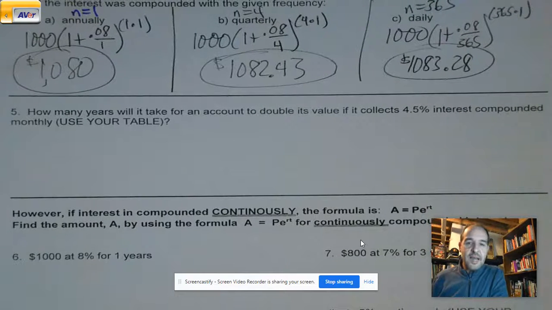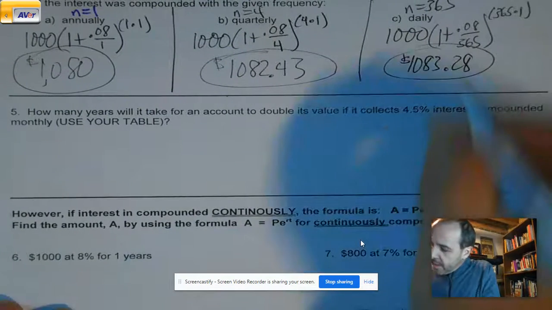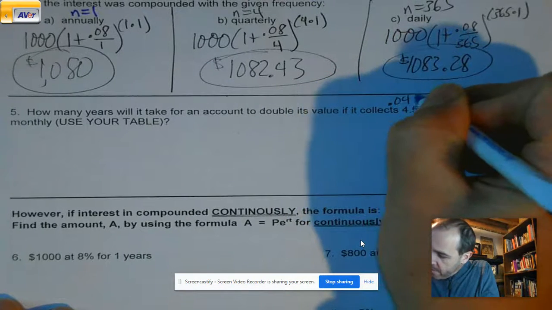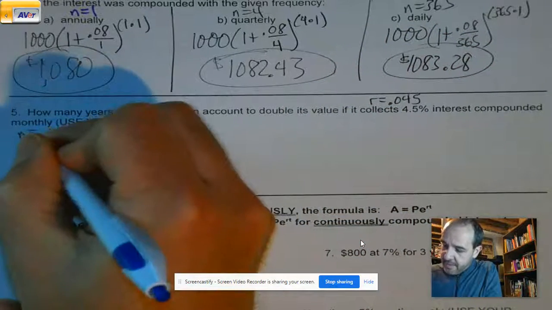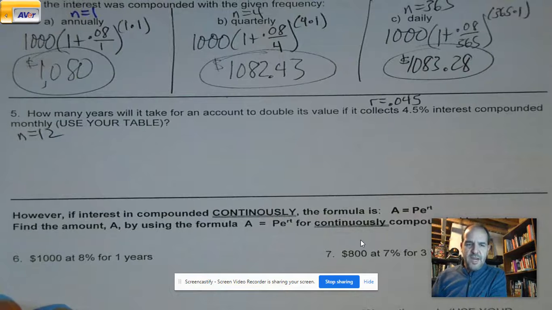How many years will it take for an account to double its value if it collects 4.5% interest compounded monthly? Okay. So we're like 0.045 is our rate. Compounded monthly, okay, N equals 12. They didn't tell me how much money I'm starting with. They didn't give me the P value.